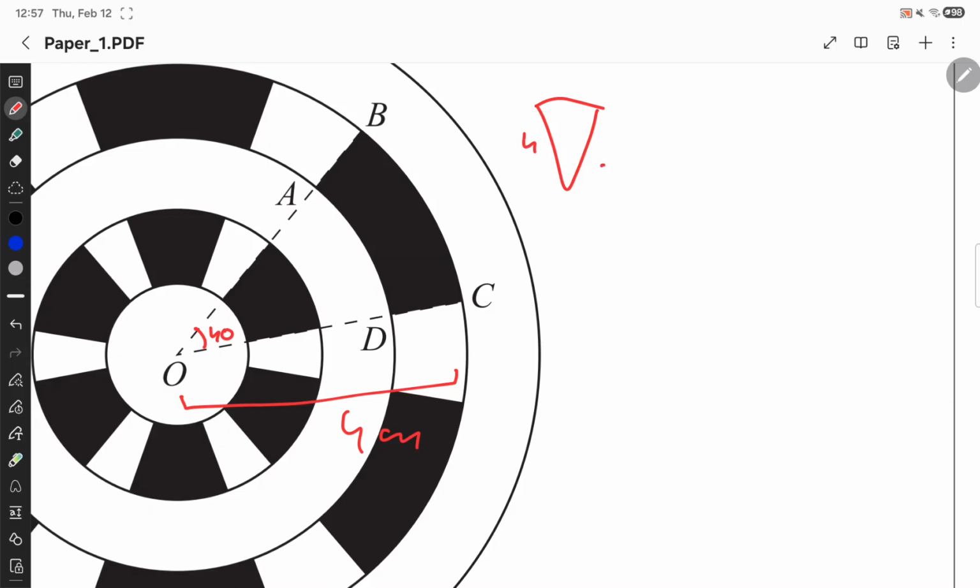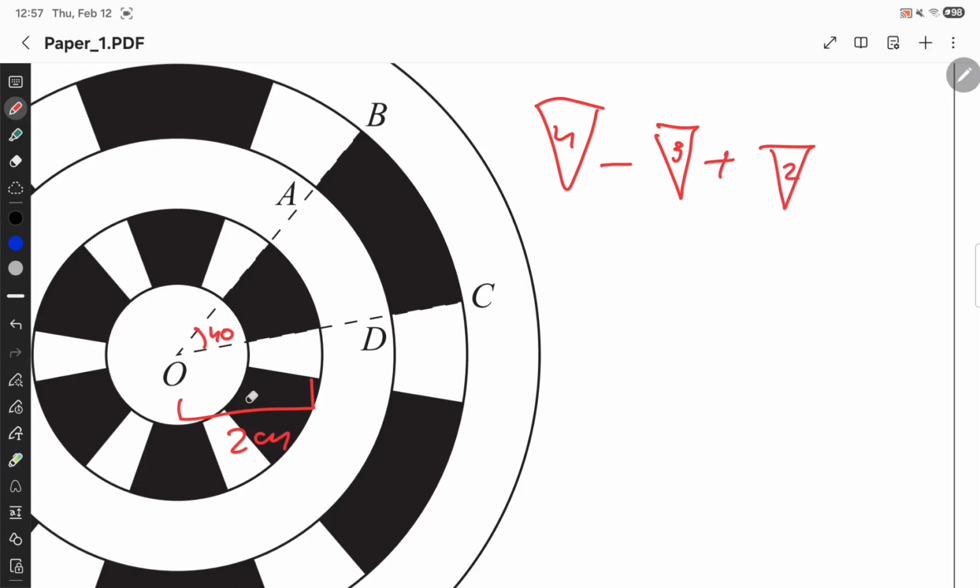We subtract this 3 centimeter sector from it. Since it's 3 centimeters, we add back in 2 centimeters and we remove 1 centimeter from it.